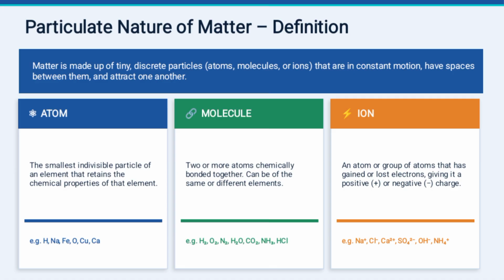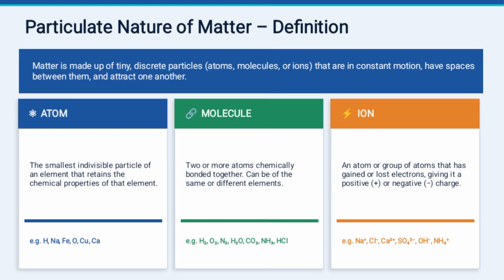They can be of the same element and they can also be of different elements. Examples are H2, O2, N2, which are of the same element, and H2O, CO2, NH3, HCl, which are of different elements. So when two or more atoms chemically combine or bond together, they form a molecule.